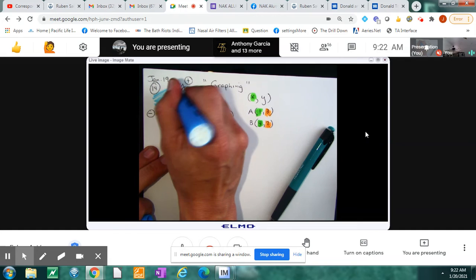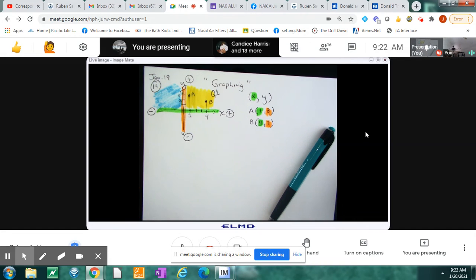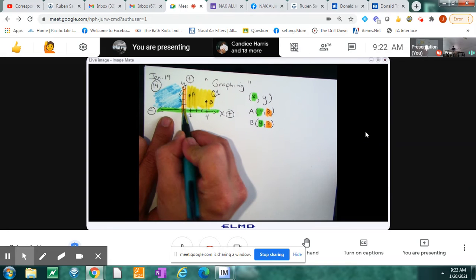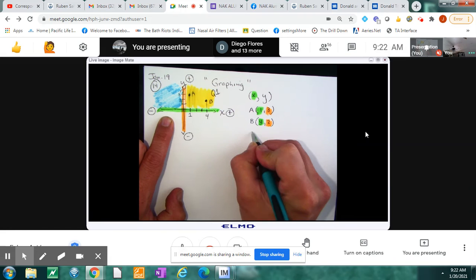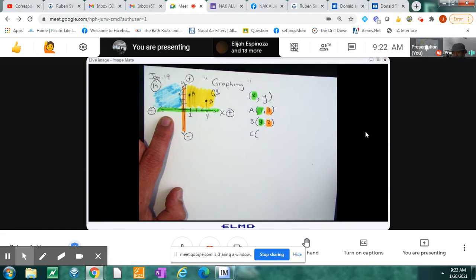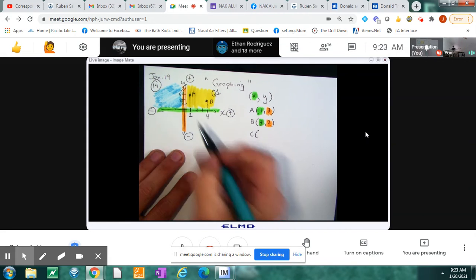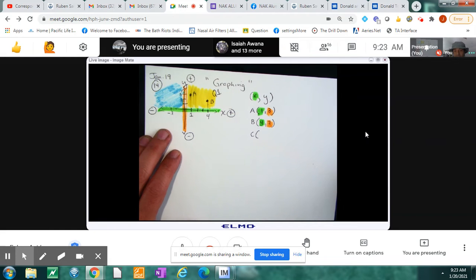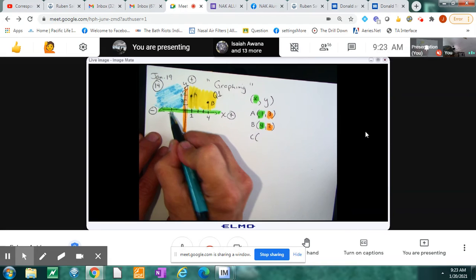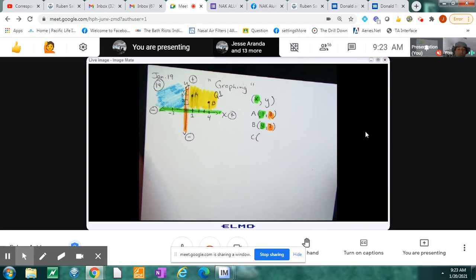Anything on the left, right here, is quadrant two. If we're starting at the origin, going to the left has to be negative, and then we go up, so it has to be positive. The first number has to be negative, then a positive. It could be any negative number.